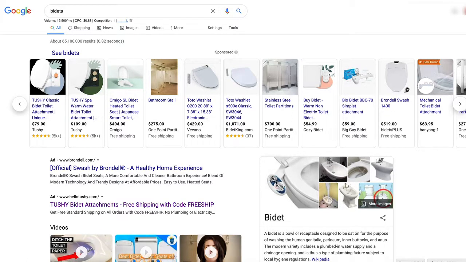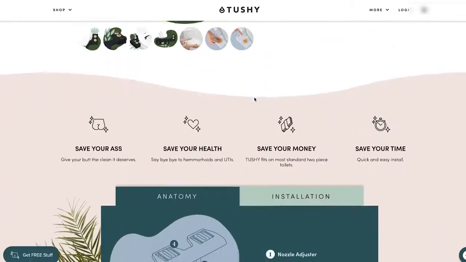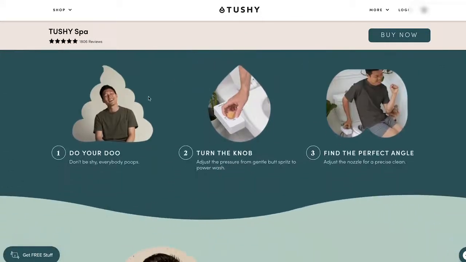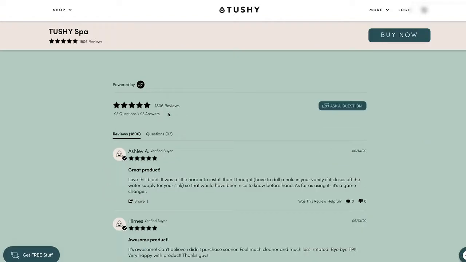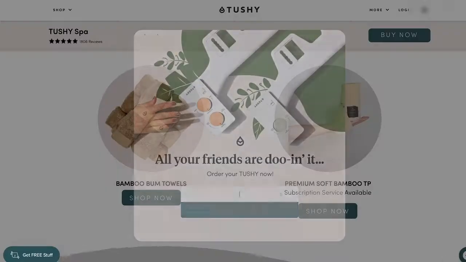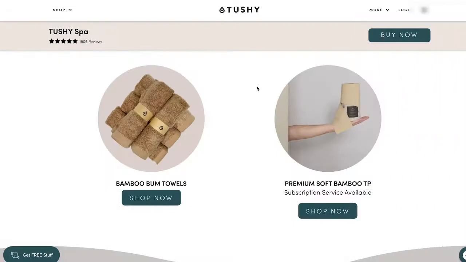If people are looking for this kind of different attachment, more like Tushy, we could see it's pretty similar as far as the overall look and feel. So we could definitely see where they took their inspiration. But regardless, Tushy is a legitimate brand. Let's see if they actually have any traffic. And they do. This is interesting.